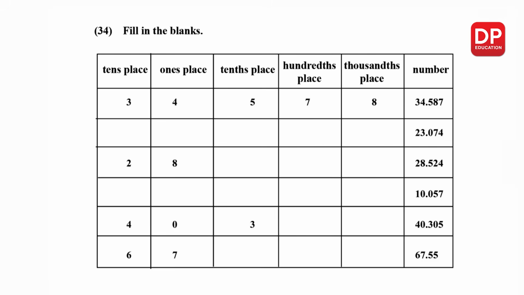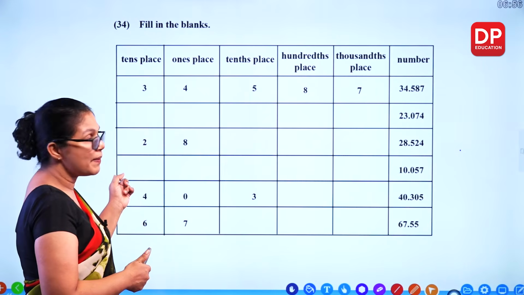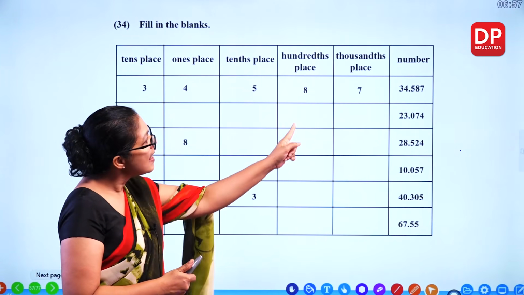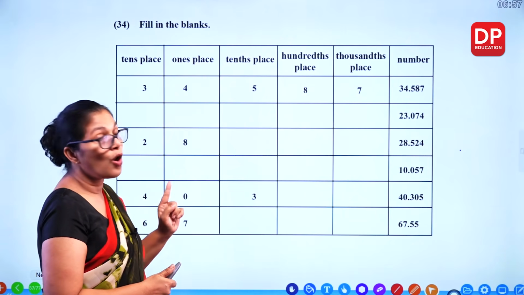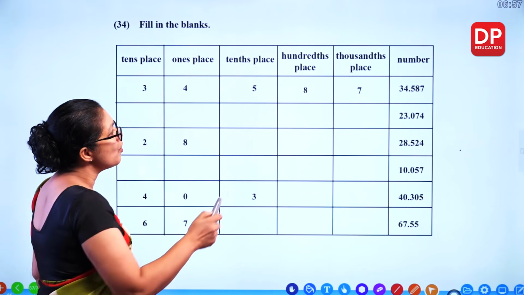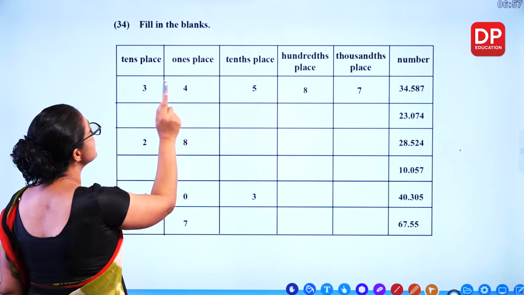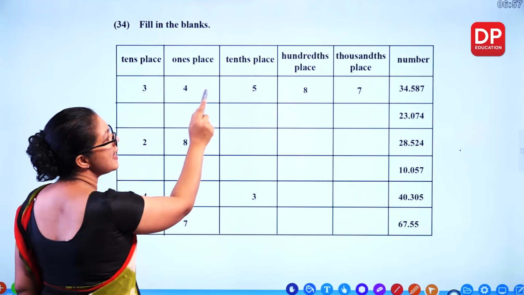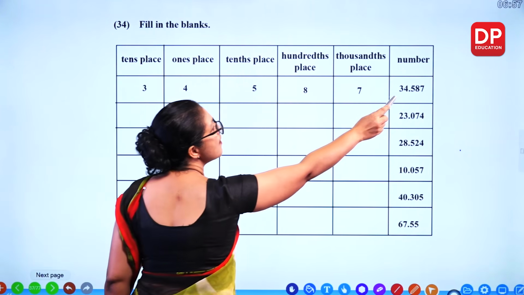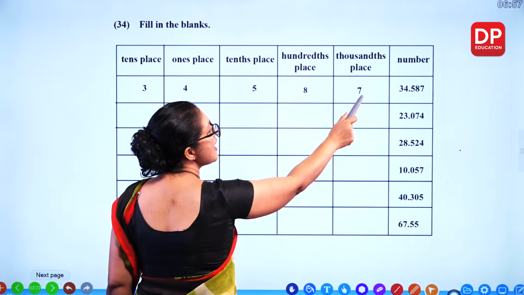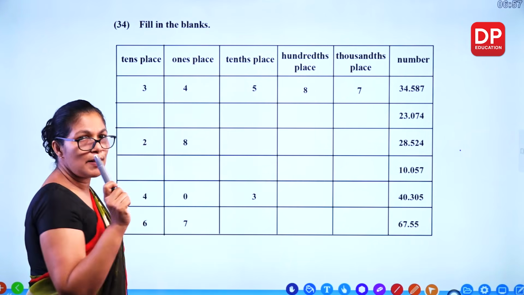Now look at this one, fill in the blanks. So you have been given a number and you have to fill tens place, ones place, tenths place and hundredths place, and the third decimal place we call thousandths place. So 34.587, 3 is in tens place, 4 is in ones place, and here 5, that's the first decimal place, this is second decimal place, and 7 is the third decimal place.